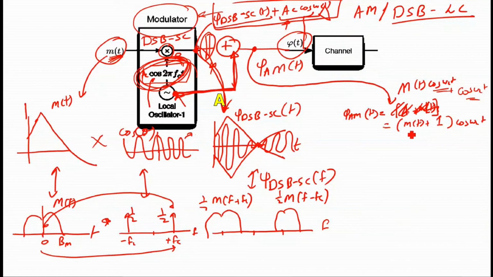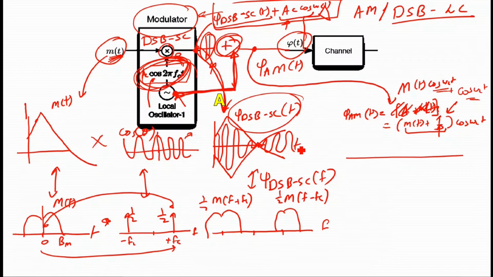So simply we are giving a DC offset of 1. This is what is happening based on this summation block. This means that we are giving this signal a DC offset of plus A, and we have set A equal to 1. So we're just giving a DC offset of plus 1.